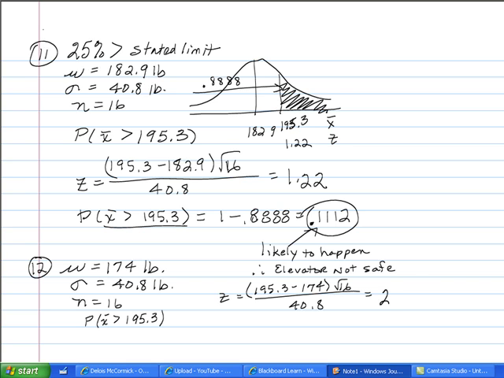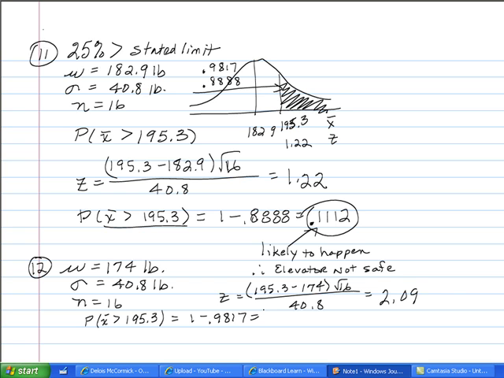So we can see a problem that may be occurring with elevators that were manufactured a number of years ago when this was the assumed mean weight, and now the assumed mean weight is quite a bit larger. We may begin to see problems with elevators that are overloaded in a case like problem number 11.